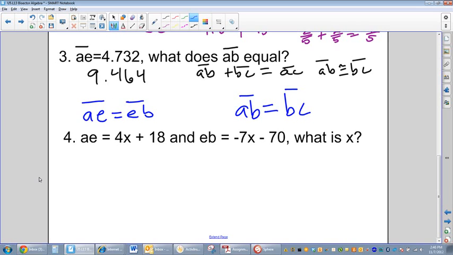I'm going to go ahead and open the clickers up. I just want the value of X. Don't forget what we stated, that we know that AE is congruent to EB, which means that AE is equal to EB.